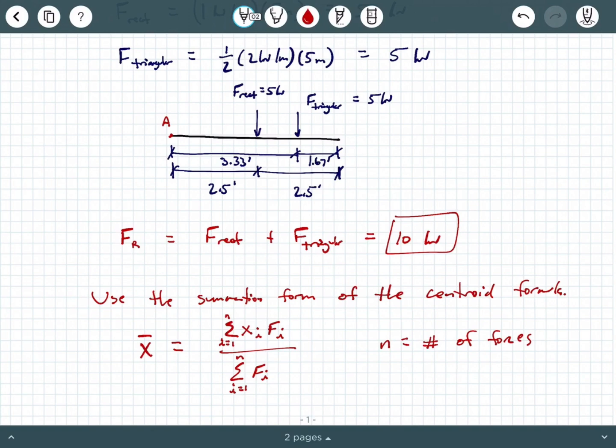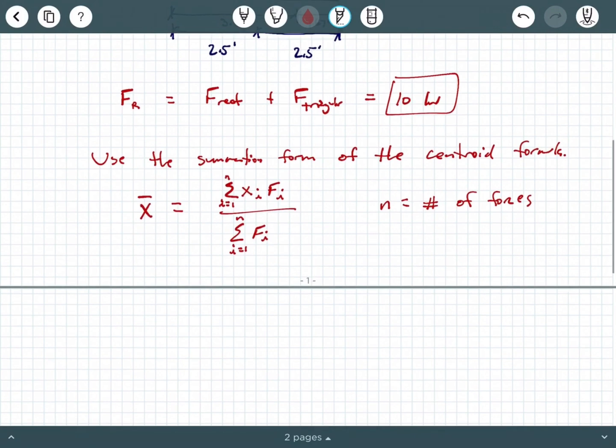Okay, so this is just the summation version of the same integral formula we've seen before, and we're able to use this summation because, again, we don't really have functions here. We just have simple shapes, and we've already resolved them into their own individual forces.